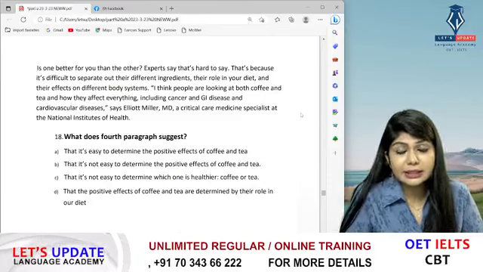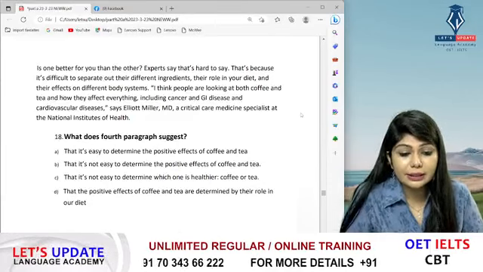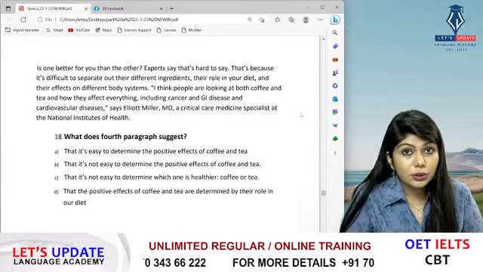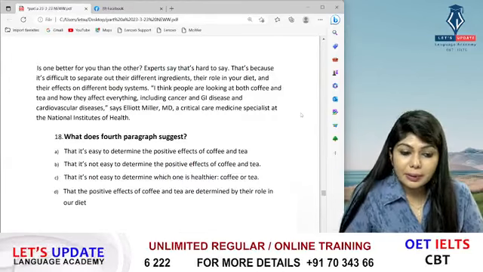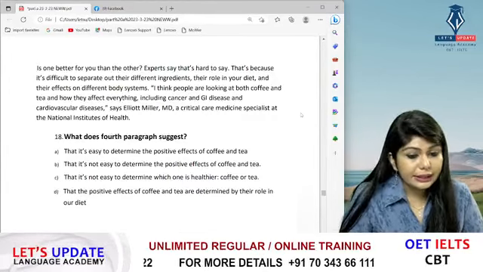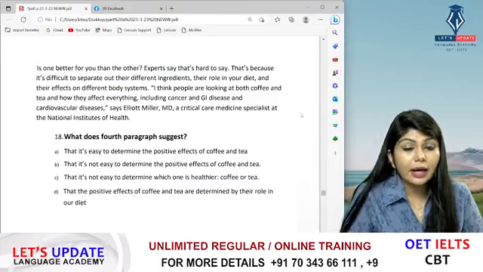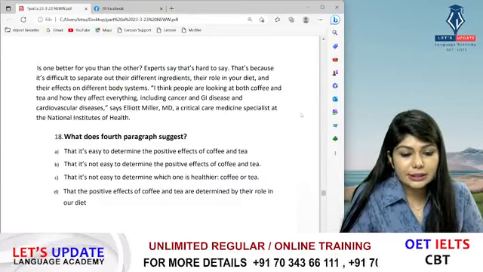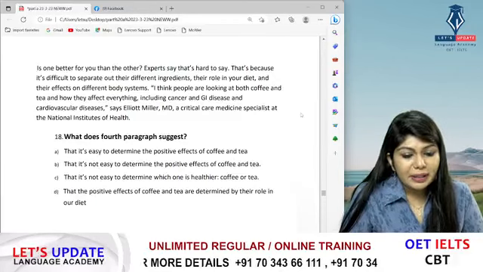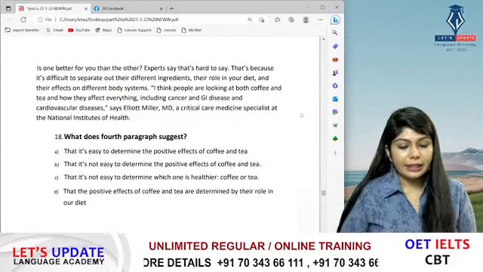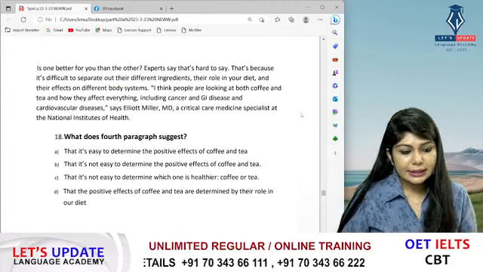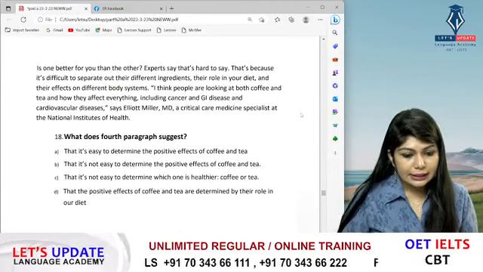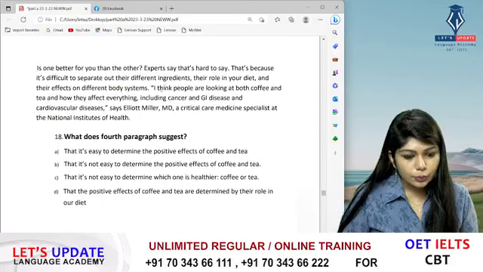Experts say it's actually a difficult thing to say, because it's difficult to separate out their different ingredients, their role in your diet, and how it's going to affect your system. So people are looking at both coffee and tea and how they affect everything, including cancer, GI disease and cardiovascular diseases.